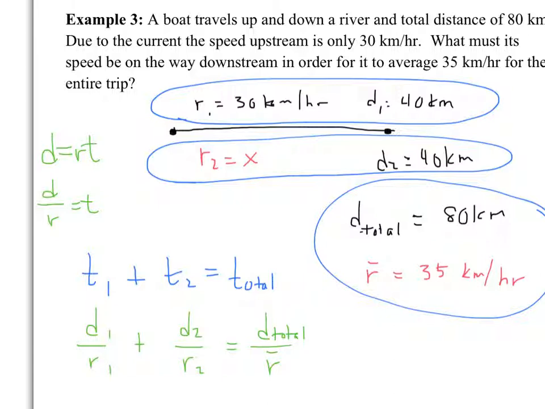So the key to this kind of a problem is to identify that you have, and it's not obvious to see this, 4 unknown variables. The 4 unknown variables are R2, T1, T2, and T total. But how many equations do you have? Careful. You have 2.